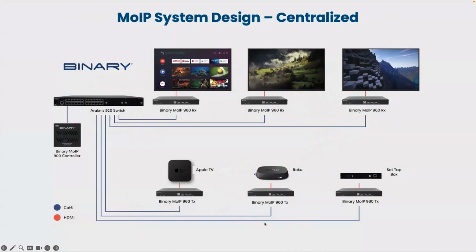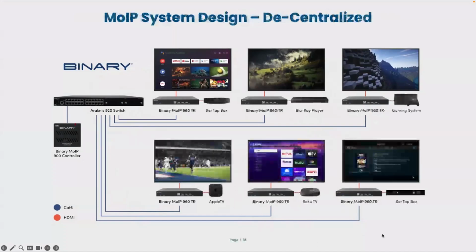So here you go. And then here you can see a decentralized system. This just really represents the flexibility you get when you bring in the transceiver, which makes this decentralized.